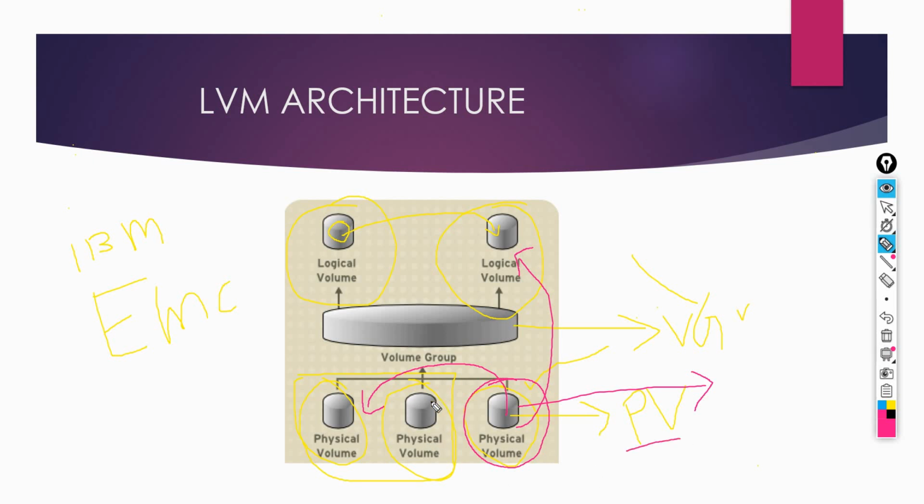The PVMOVE command will transfer the content of the data from the old source to the destination. This is one of the major components, and here we can avoid downtime. There is no need for any downtime. On the fly I can perform it, and meanwhile I'm removing the particular disk.